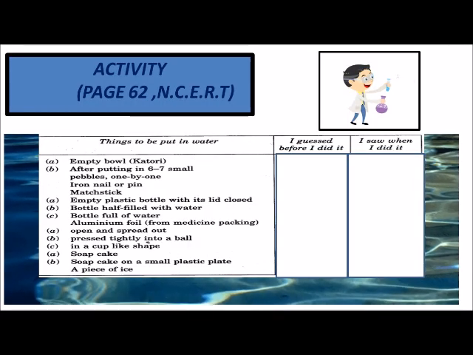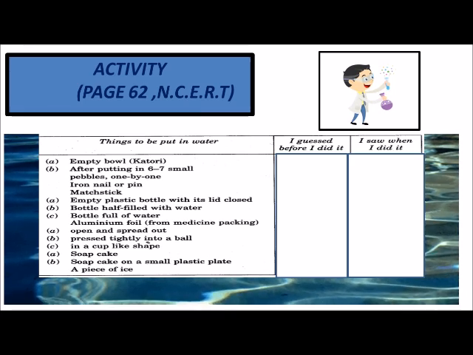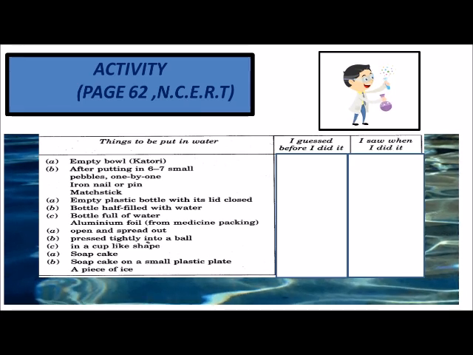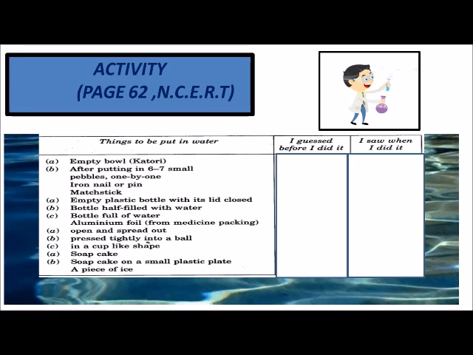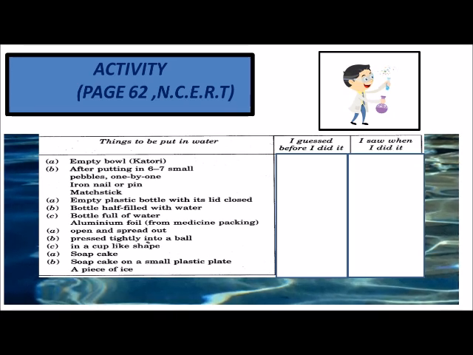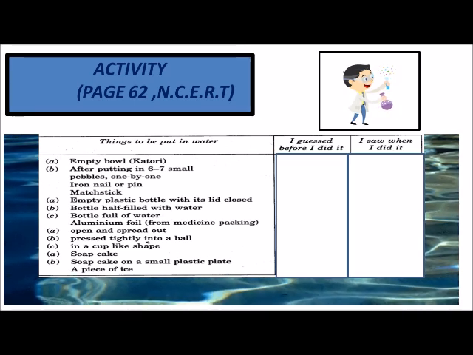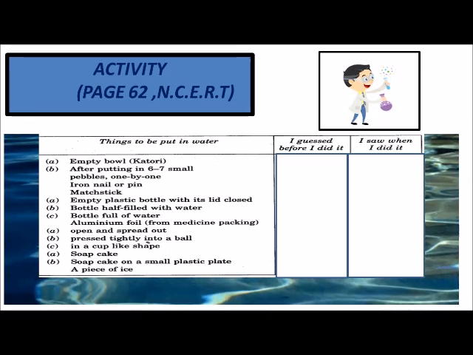Now we have an activity for you. It is given on page 62 of your NCERT book. What you have to do? You have to put a few things in water and you have to write your guessed conclusions, and in the second column what you actually saw after doing the experiment.